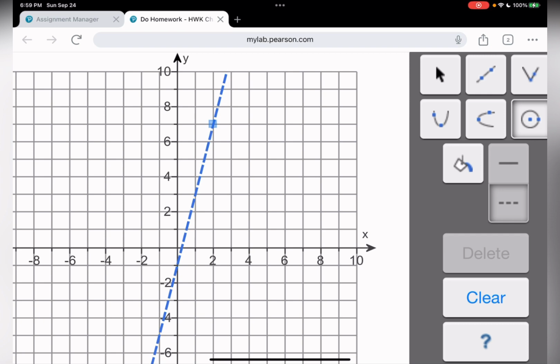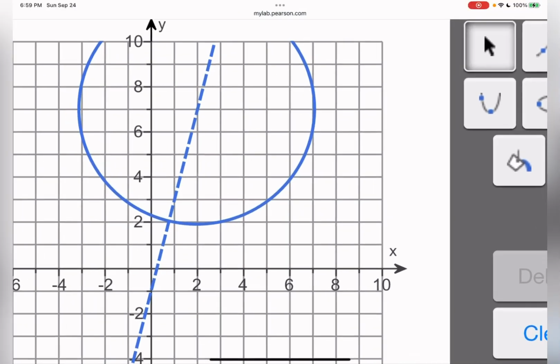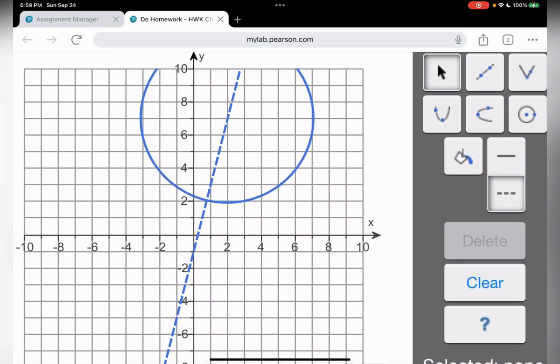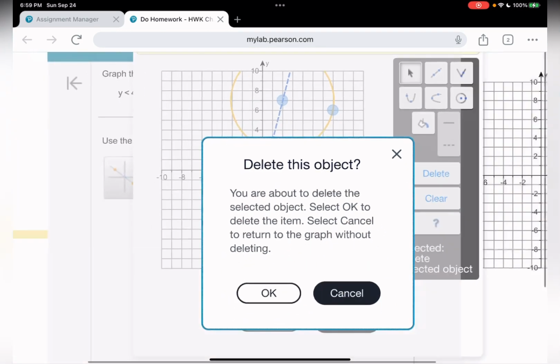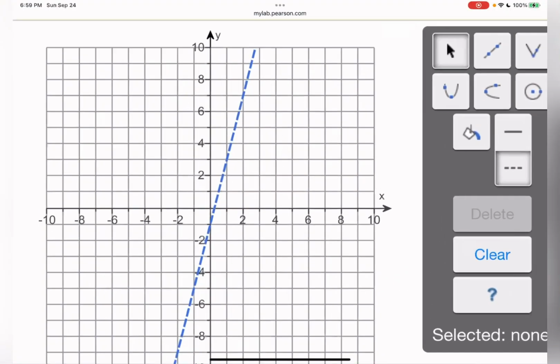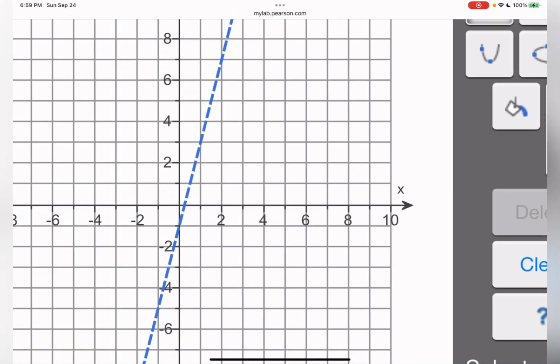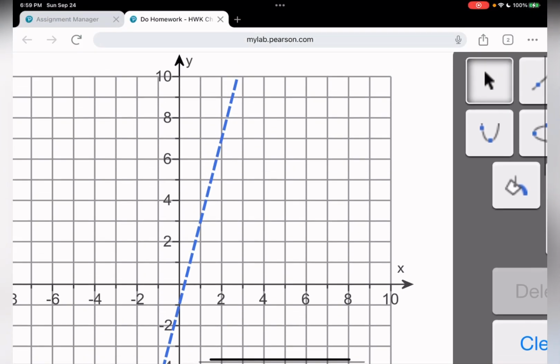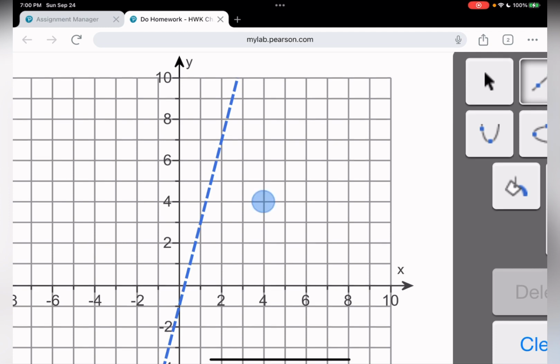Let me see. How can I clean it? I don't think I can. Delete. Delete this object, yes. It turned out it's doing a circle. Let me see. I'm taking a point here, positive 4 and positive 4, right here.